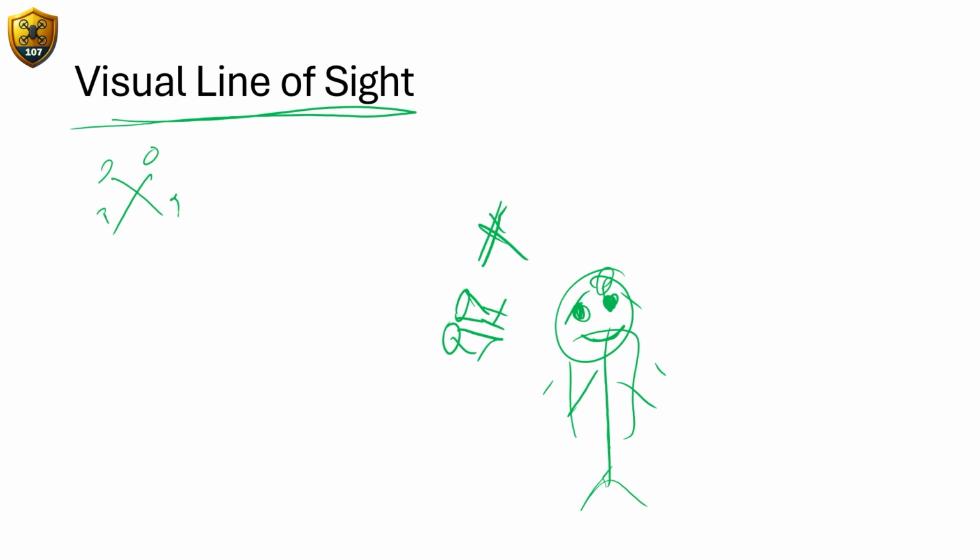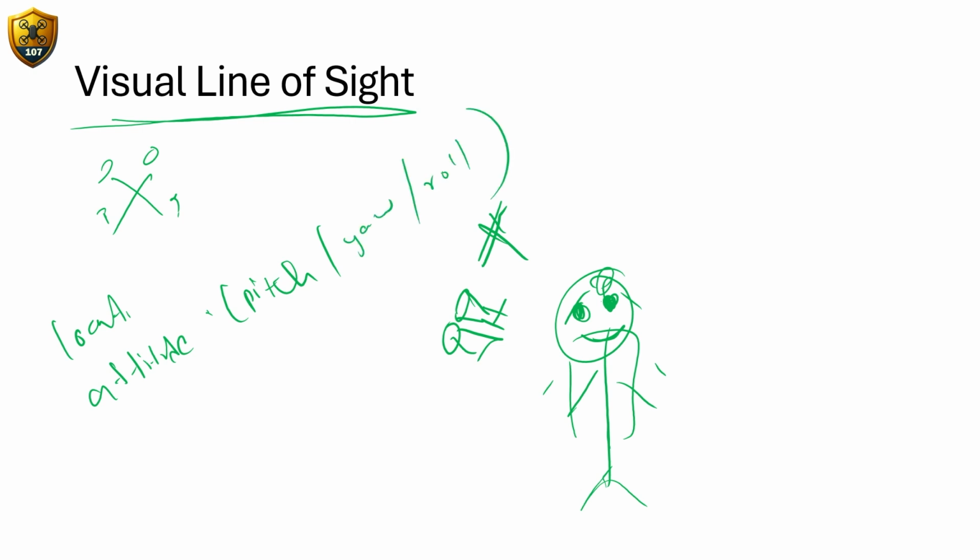What is meant by visual line of sight is that you should know the location of the drone, and also you should know the attitude. Attitude means the pitch or the roll, the orientation of the drone. You should be able to properly determine the orientation of the drone, as well as the altitude.